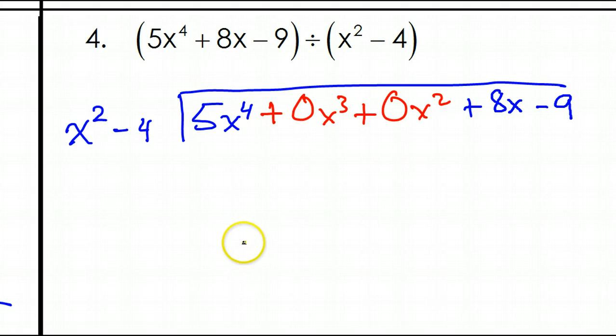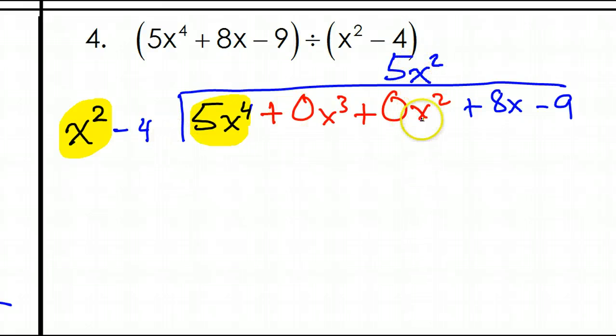Okay, let's get started. All right, focus on the first terms first. x squared times what will make 5x to the 4th power? Well, I need the 5 in there, and I need x squared, which is why I put it here over the x squared.